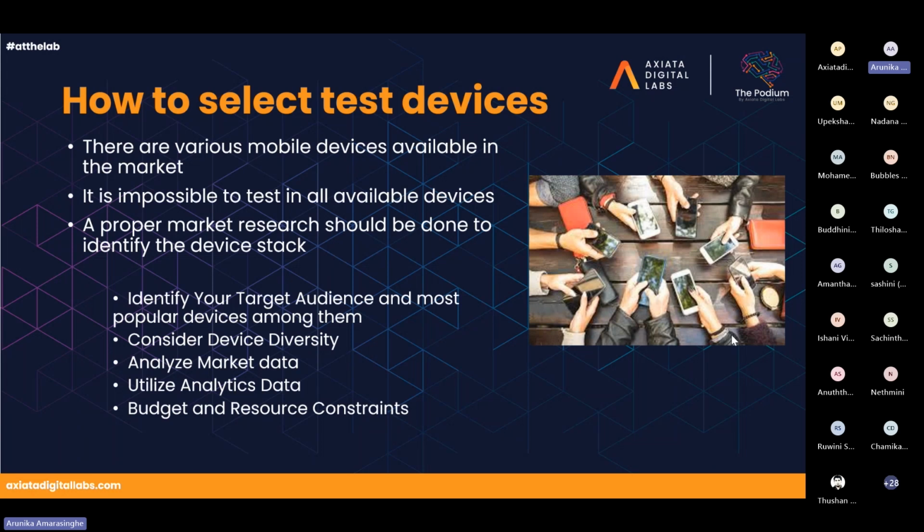If your app is an existing app, you can use Google Analytics to find out which devices and OS versions your users are currently using. And you have to think about your budget and resource constraints when you select suitable test devices.